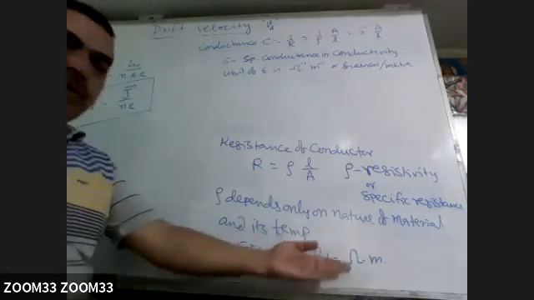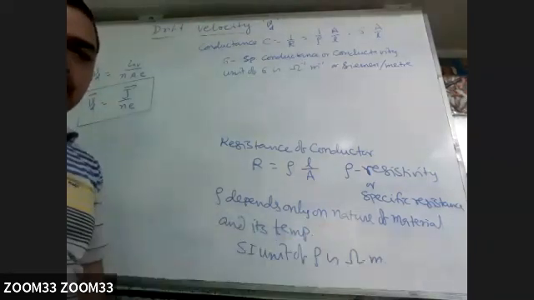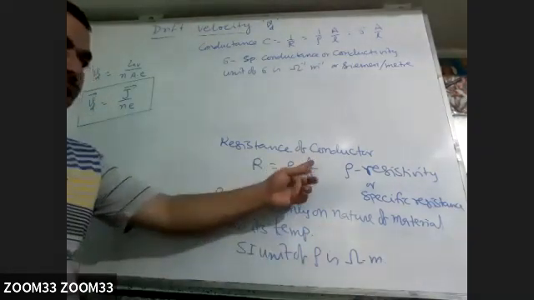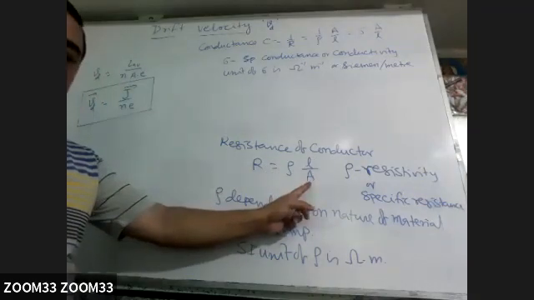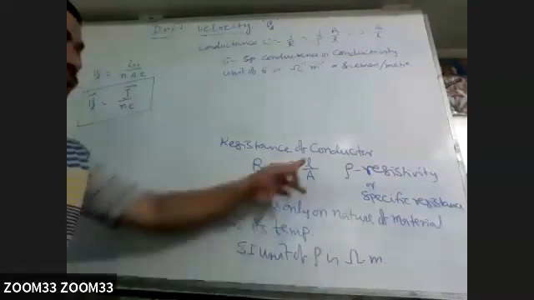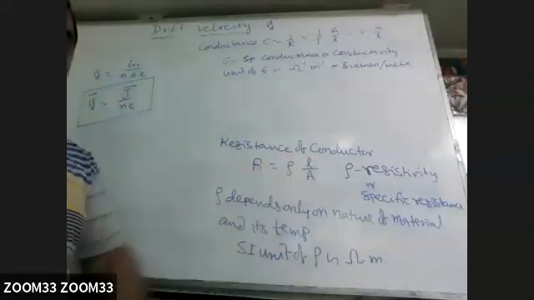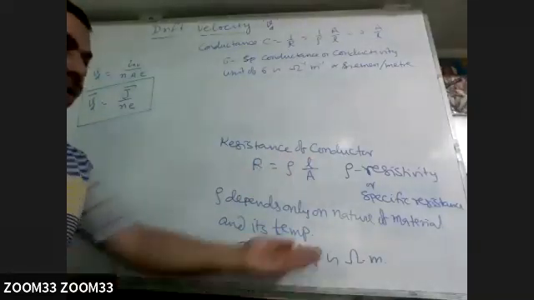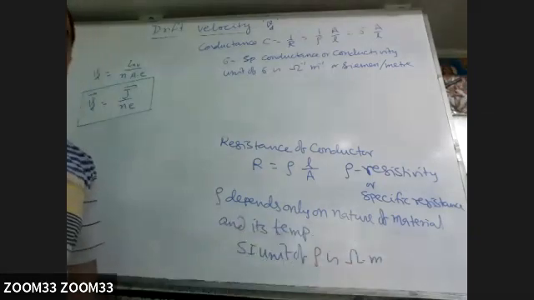Other units may be ohm centimeter, ohm millimeter, that is also used. If length is in centimeter and area of cross section is in centimeter square, it will come ohm centimeter. If length is in millimeter and area in millimeter square, resistivity will come ohm millimeter.